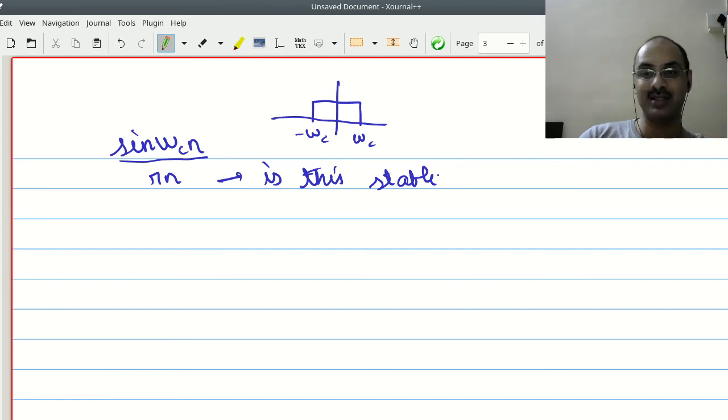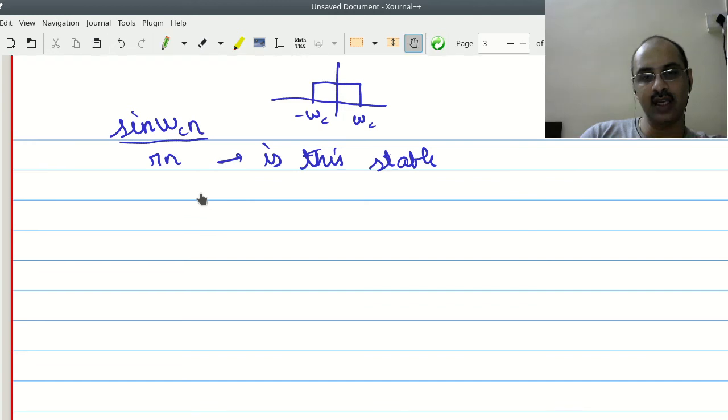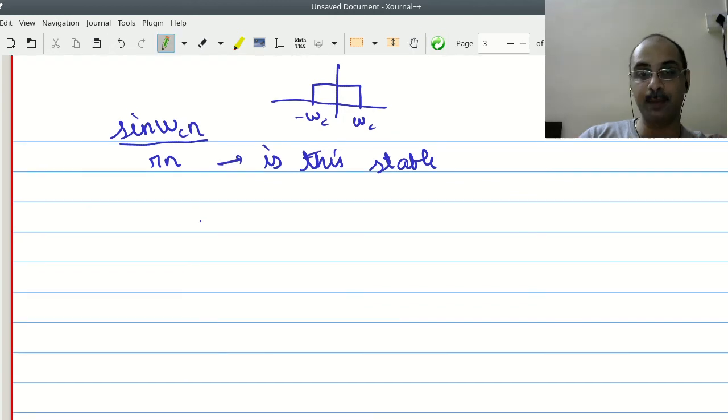What about this guy? Okay, so again, if you remember the proof for BIBO stability, we did this matching of the sequence. We basically tried to construct an input that gave us something which blows up. Let's at least study this sin(omega c n) by pi n for, let's say, positive values of n.